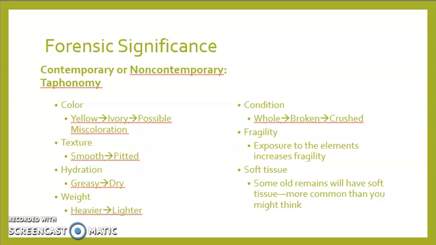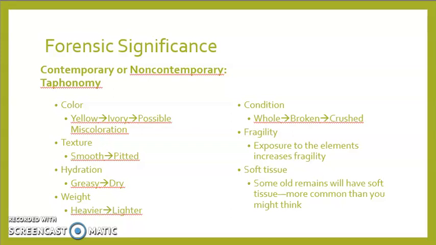If it's greasy and heavy, then it's probably fairly new because it probably still has a lot of the oils in it that a person's bone has during life. If it's really dry and really lightweight, then it's probably older because it's probably very dried out. And the outer surface is probably a little bit pitted or even flaking, in which case it's older. That doesn't mean over 50 years, it just means that it's been there for a while.